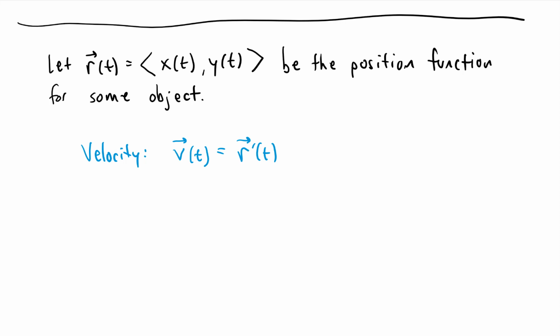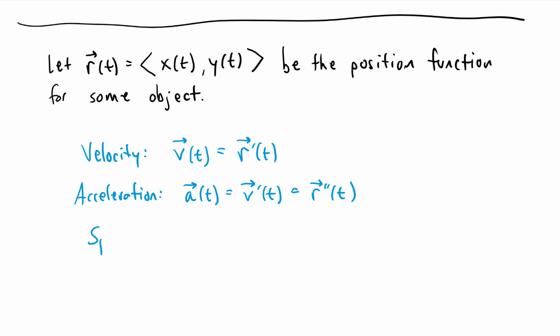Derivative of position is velocity. And then if you wanted acceleration, again, no surprise here, we could call that vector valued function a, and that would just simply be the derivative of velocity, or another way to think of it, second derivative of position. Again, no surprise, exactly as it worked for a traditional function.